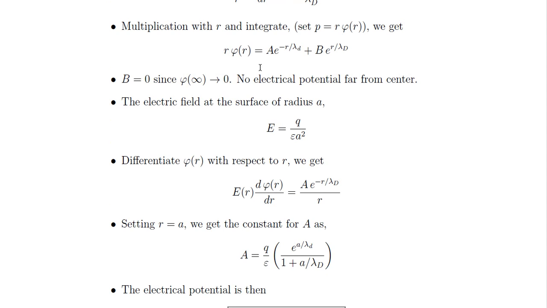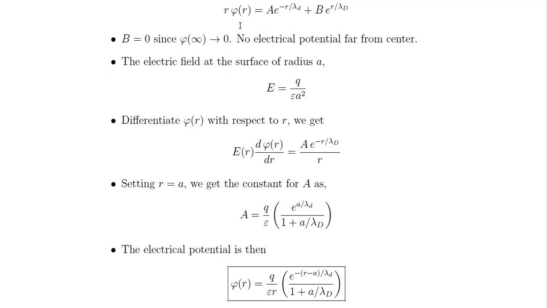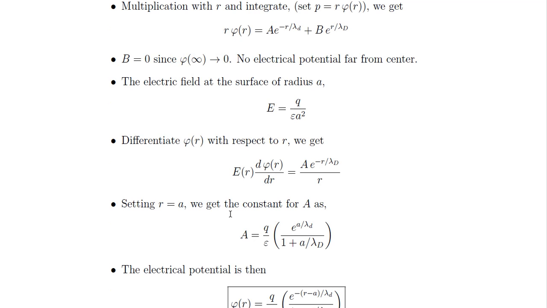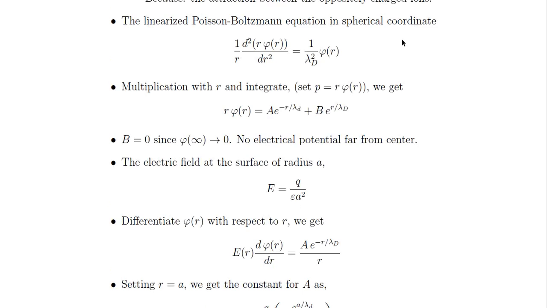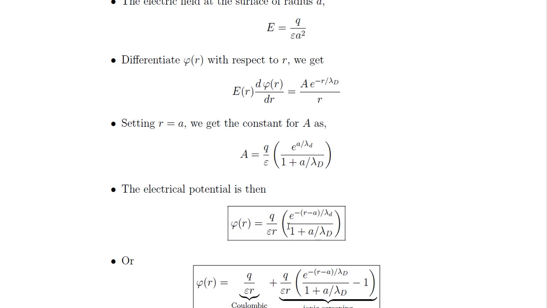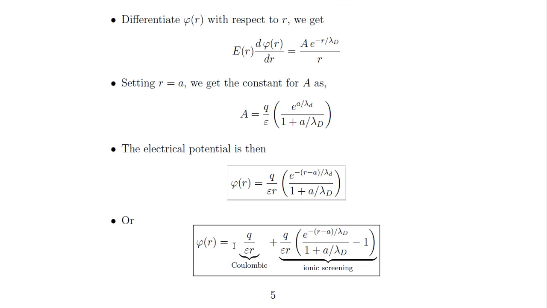So putting A and B equal to 0 into this equation, we get the electrical potential for the spherical coordinate equal to this equation, or also equal to this equation.